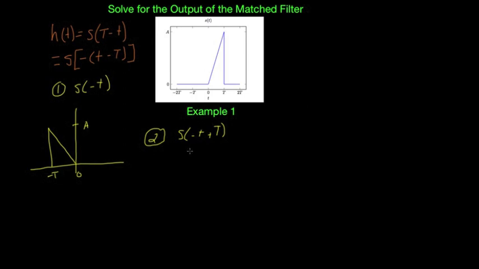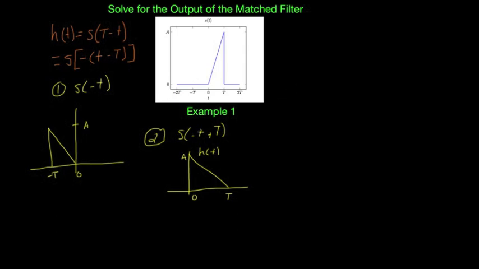If we graph it, we would just shift everything, so our graph would shift to the right by capital T at every point. And that is what h of t would look like. So h of t, besides being the impulse response, is a time inverted and time shifted version of s of t.